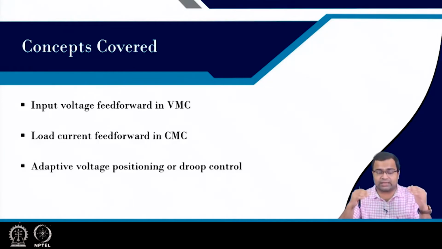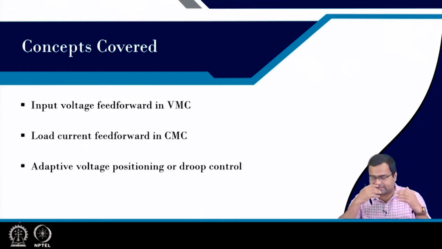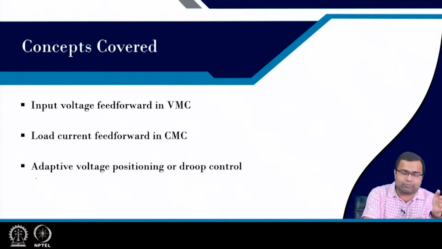Then also we want to see adaptive voltage positioning or droop control, because this droop control is used very much in microgrid applications, even in LED driving applications, but it is also used in processor power supply where the terminology is called adaptive voltage positioning.